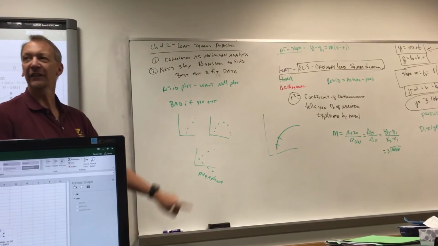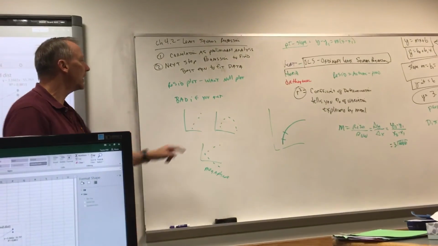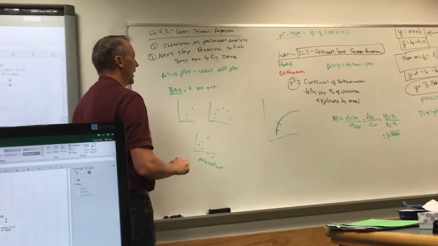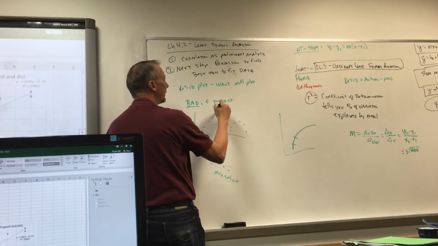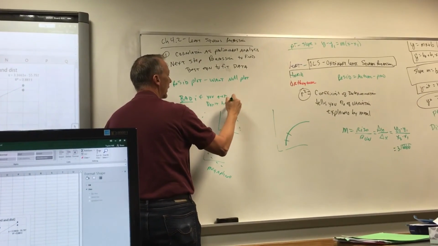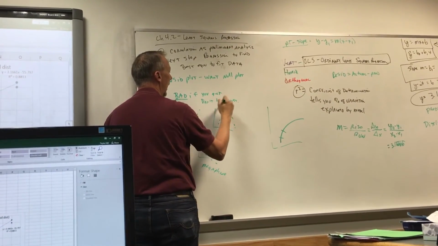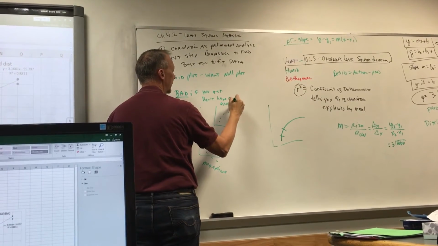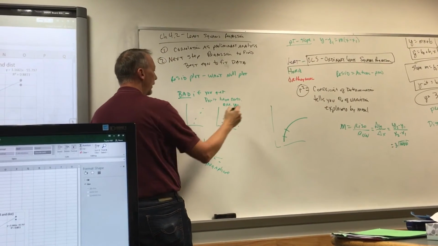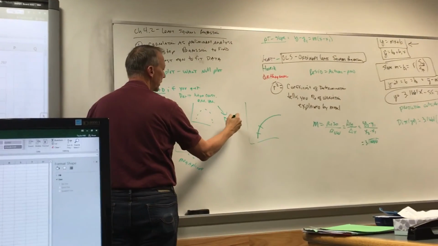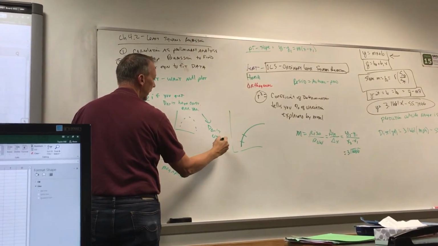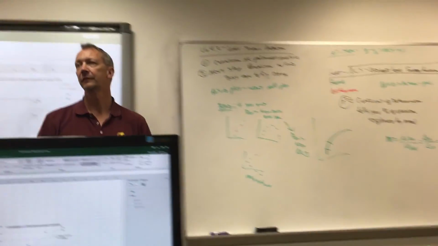If you see some sort of a pattern in there, that's bad. That means you don't have constant error variance. And therefore, don't use ordinary least squares regression.